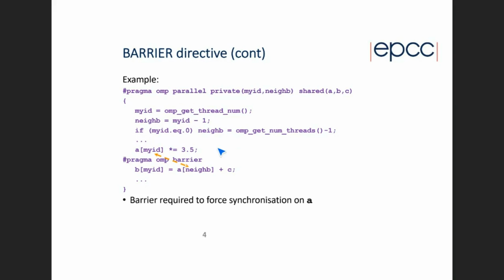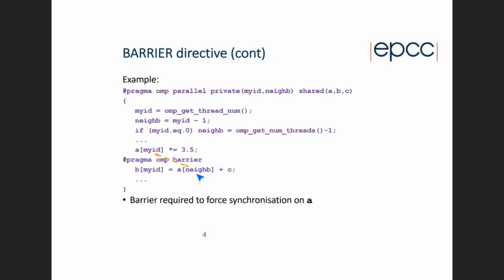Then suppose that I'm doing some calculations and I store some value in an array A based on my ID. So I calculate something, and store that value in the element of this array A corresponding to my thread.